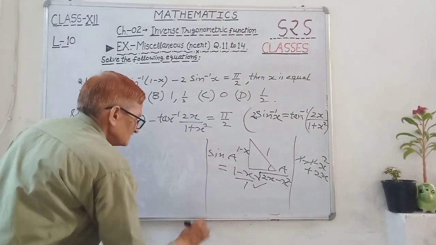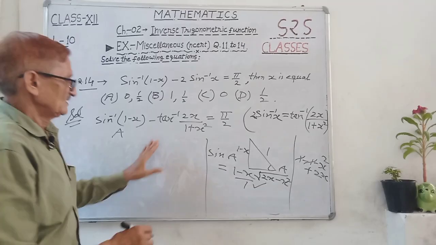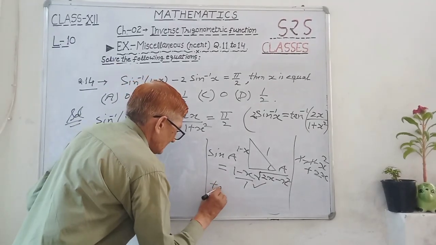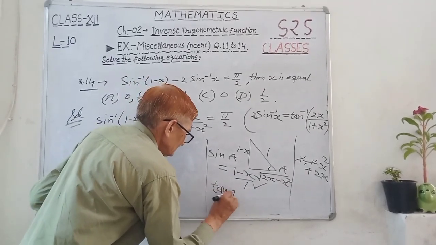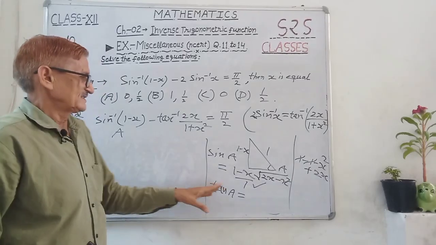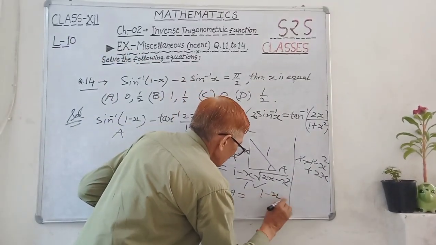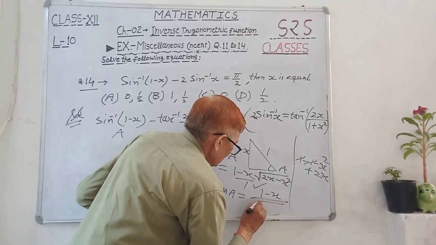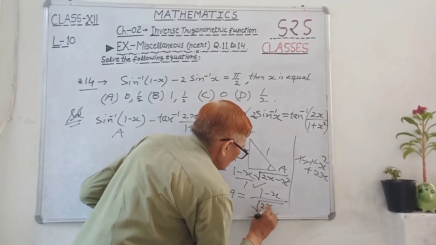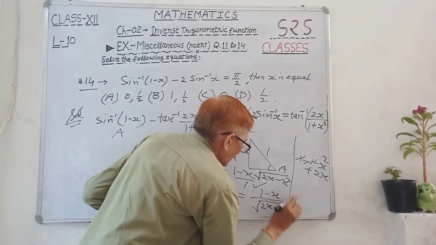Now we can take this value in tan form. Tan A is equal to opposite upon adjacent, 1 minus x upon square root of 2x minus x square.